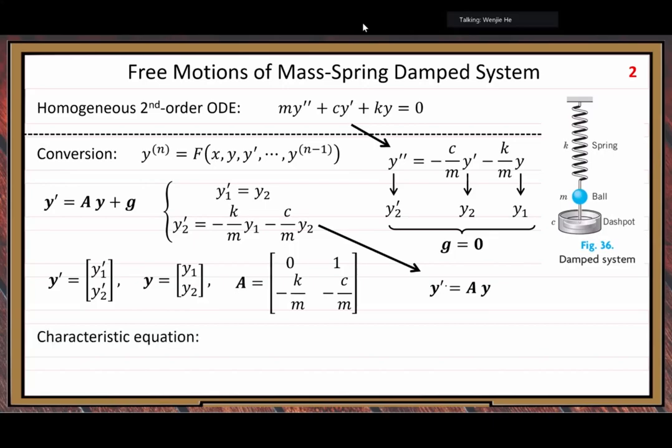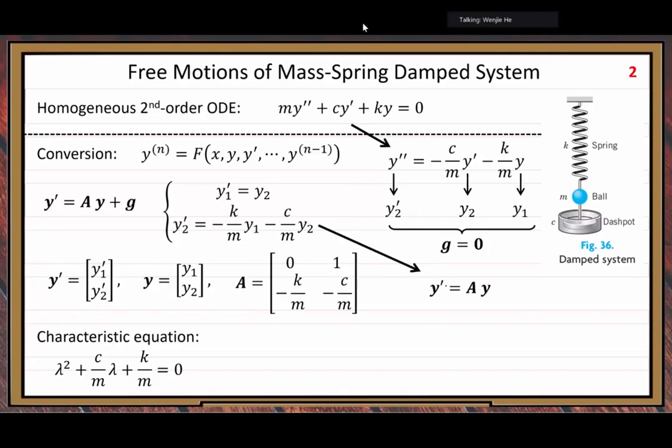Now, in linear algebra, we also have the concept of the characteristic equation. What is the characteristic equation corresponding to this A matrix? The characteristic equation for this second order ODE, we know.